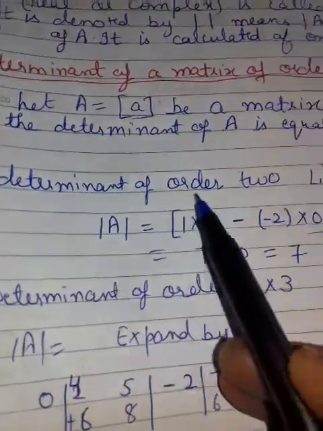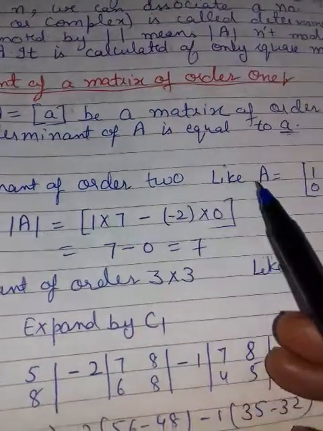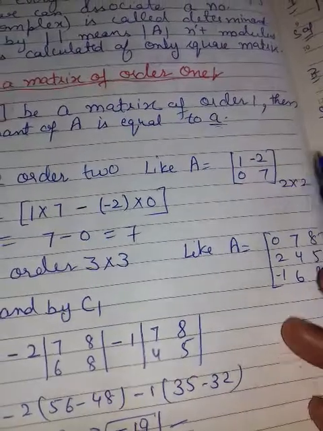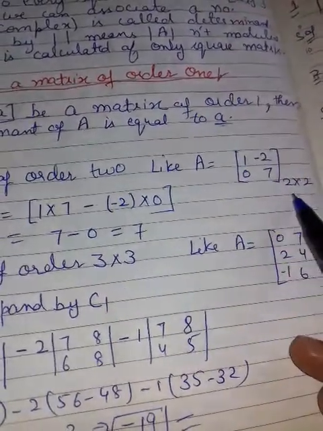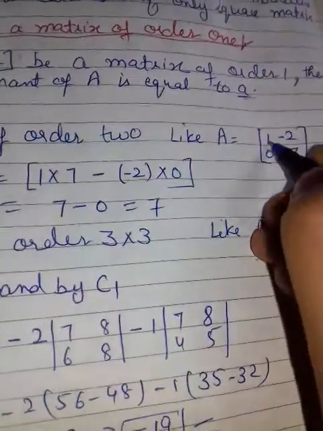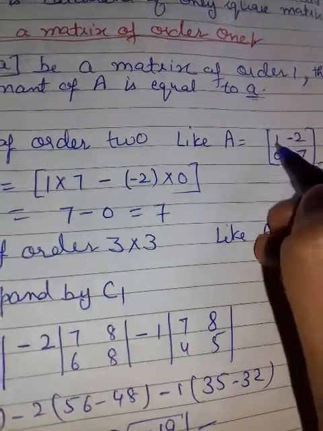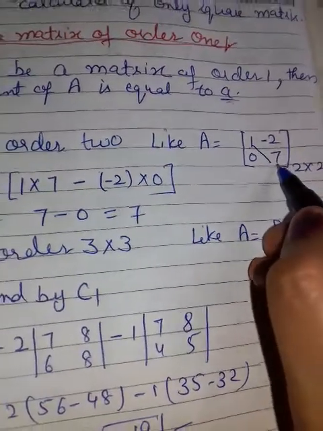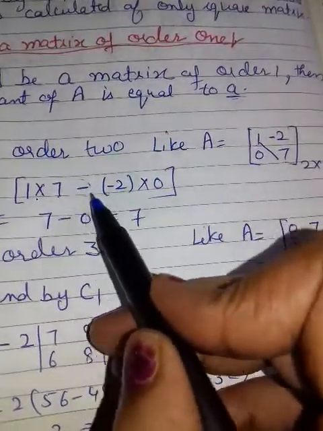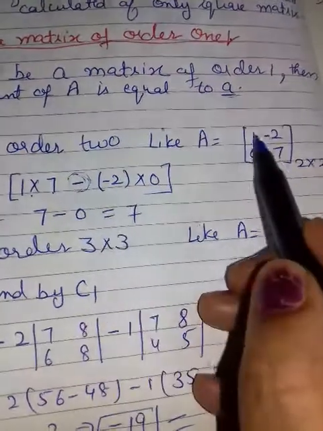Next is determinant of order 2. Like 2 by 2. You know that square matrix is here, only you can find the determinant 2 by 2. What will you do? You will do the cross multiplication here. Means firstly this multiply with this. Similarly, and always you will keep negative sign in between them.